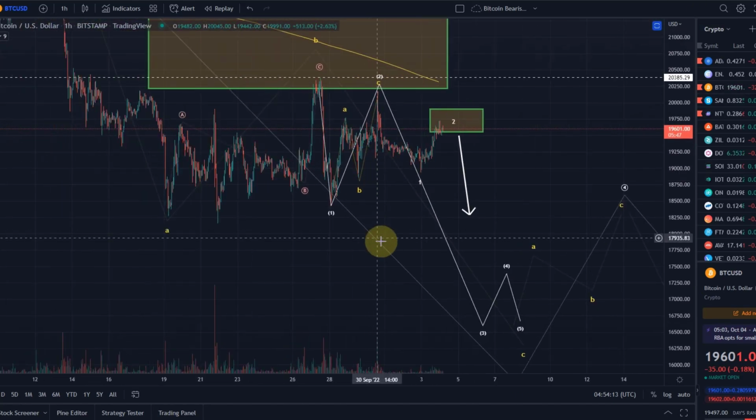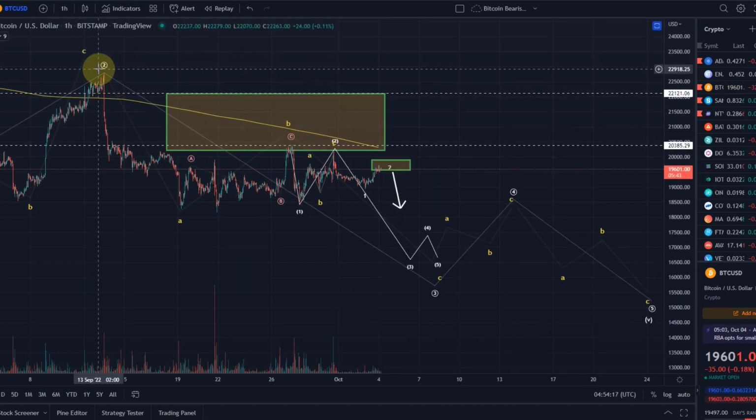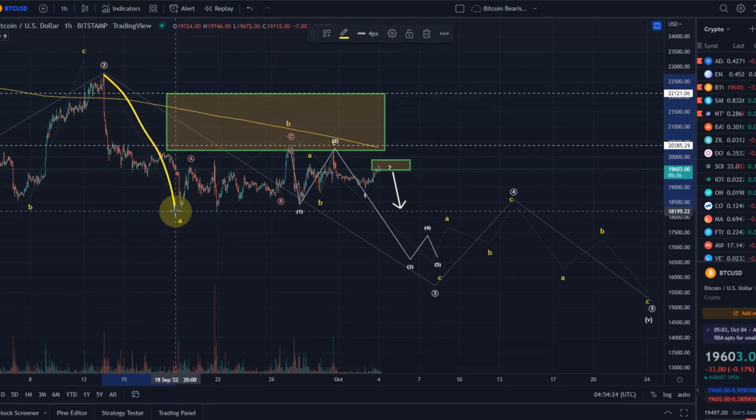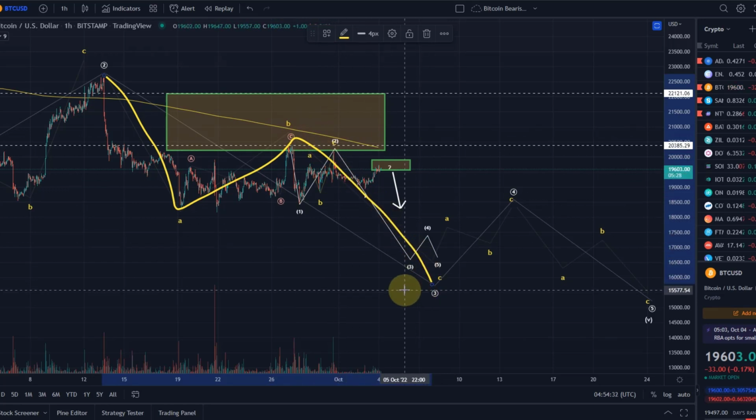retracement here. So if you zoom out a little bit and we say, okay, we are in this circled wave 3, then we can say we did the wave A of the wave 3, we did the wave B of the wave 3, and the wave C is currently ongoing.